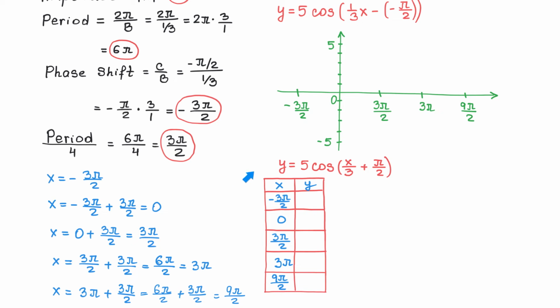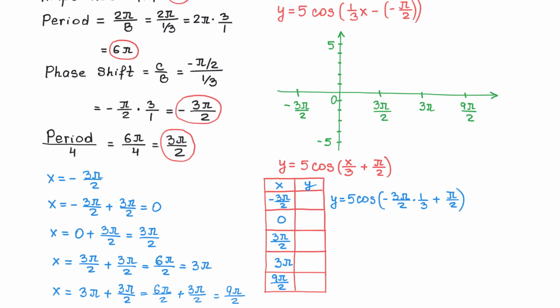Now here we have the function one more time, and all the x coordinates in the table. To find the y coordinates, we will take all these x coordinates and we will replace them in the function. So when x is negative 3 pi over 2, y equals 5 cosine of negative 3 pi over 2 multiplied by 1 over 3 plus pi over 2.